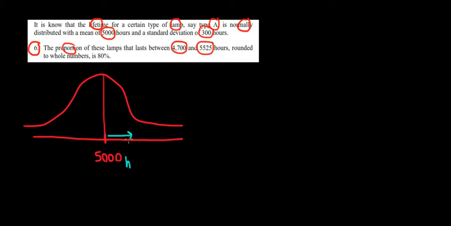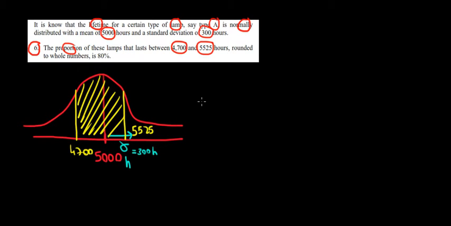This is one thing to keep in mind, that this is still in hours. Now what we want to find out is the proportion between 4,700 and 5,525 hours, so we're looking for this area over here.